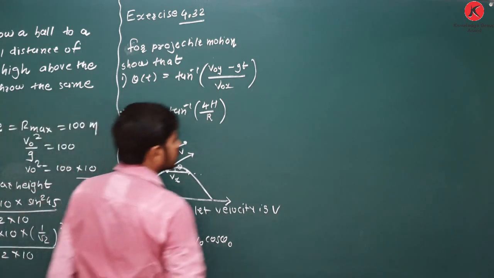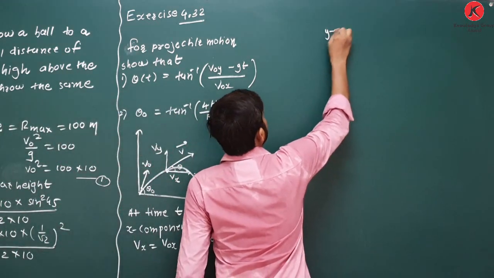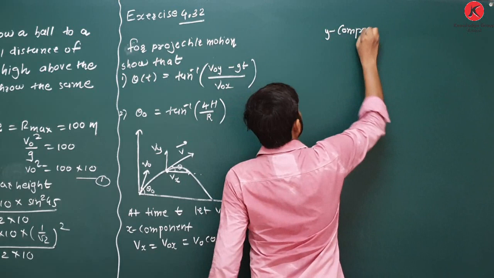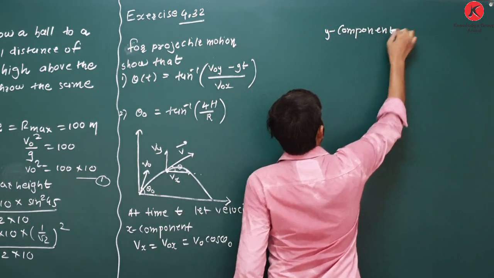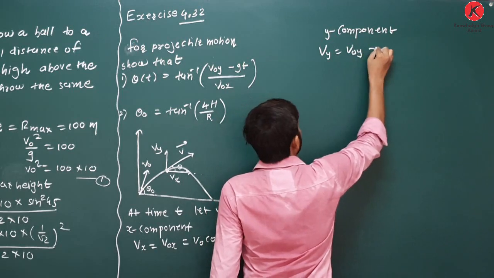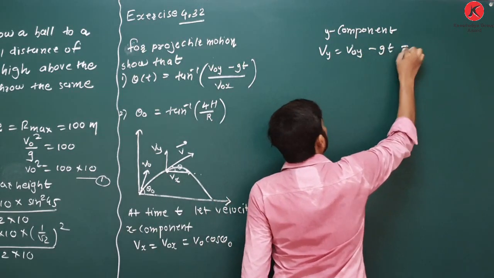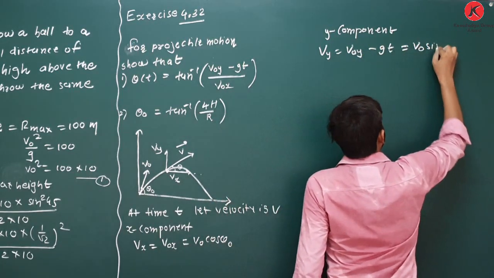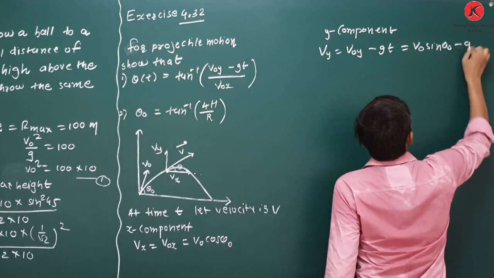What is its y component? Its y component is vy is equal to v0y minus gt, or v0 sin theta 0 minus gt.